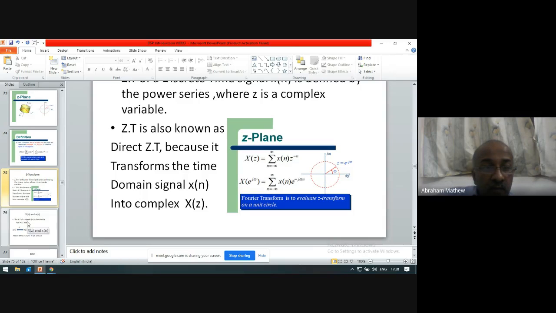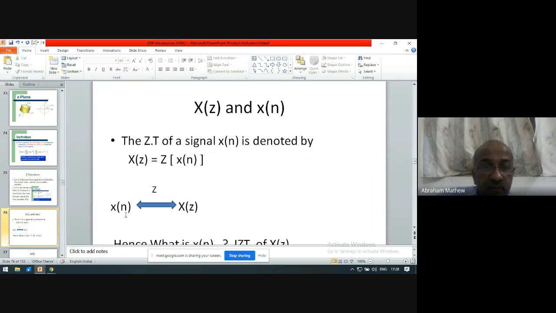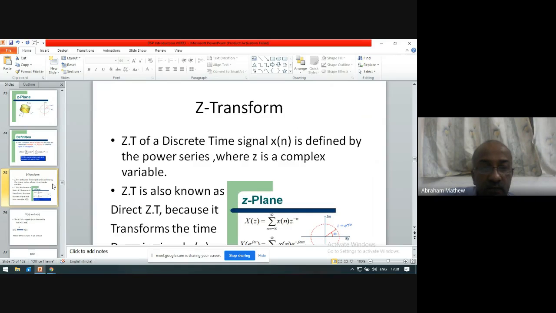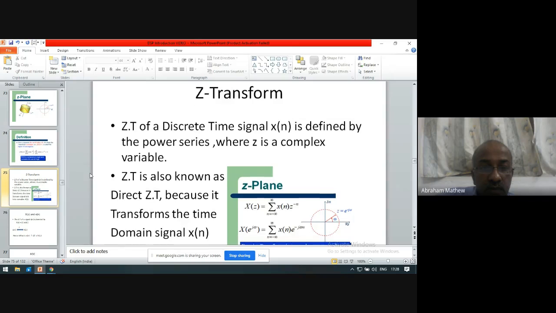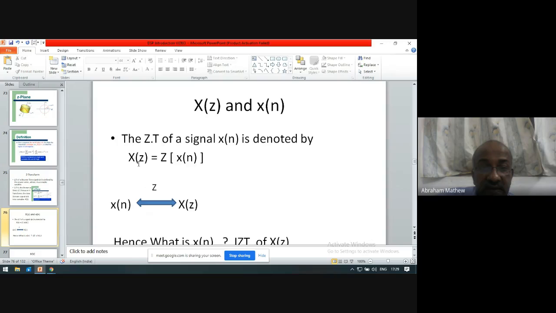So this transform is extensively used for the conversion of time domain signal, and the transform of a signal x of n can be denoted as x of z is equal to Z transform of x of n.